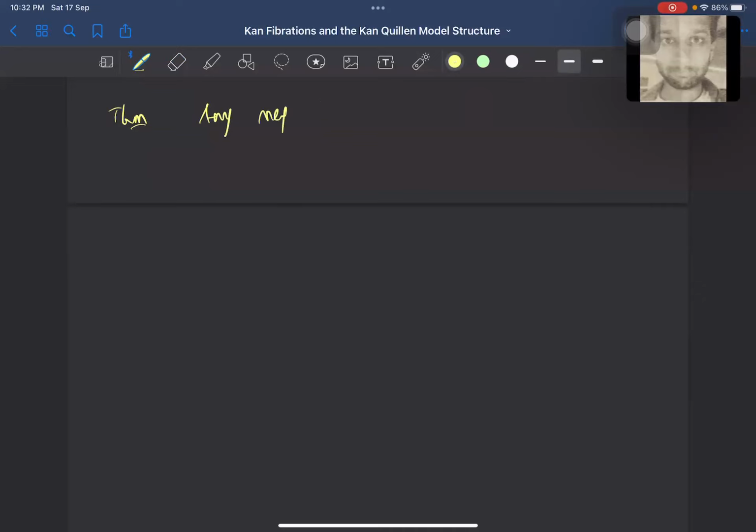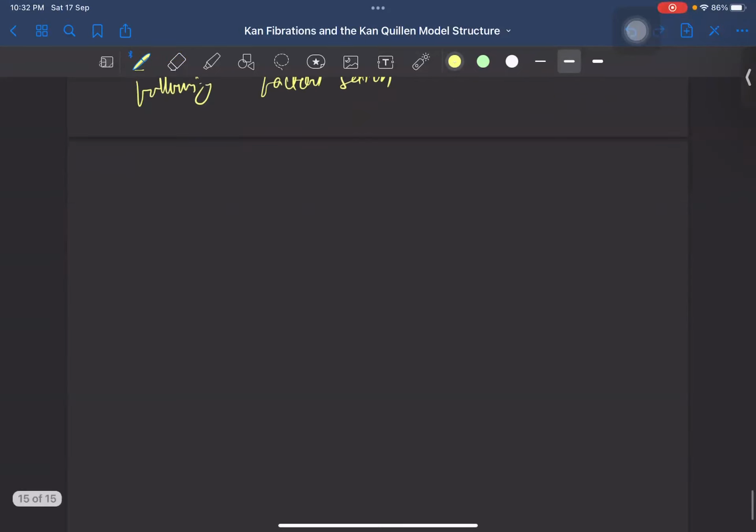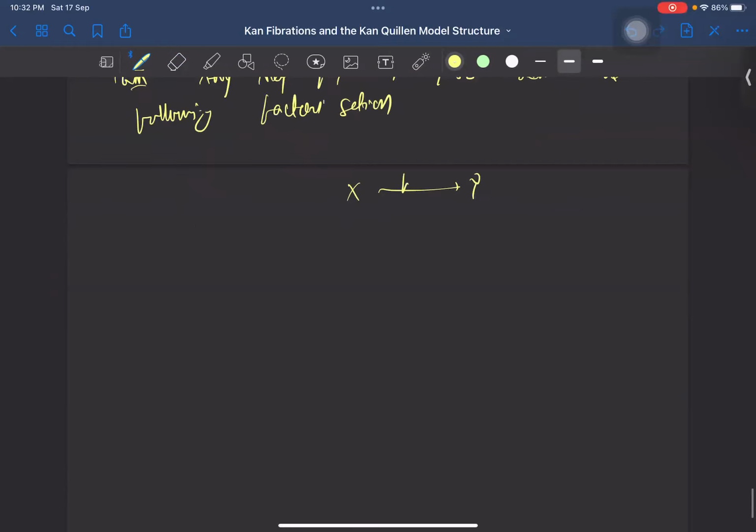Any map of simplicial sets admits the following factorization. This is my map, where I is a monomorphism and P is an acyclic fibration.